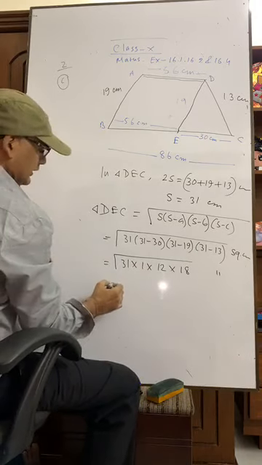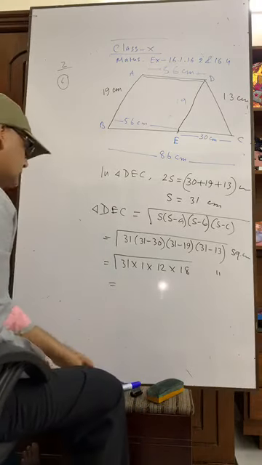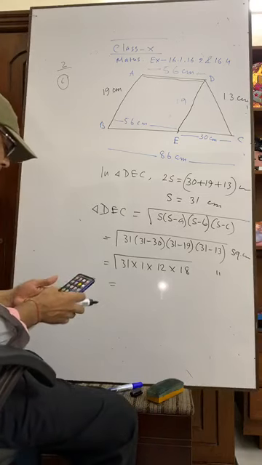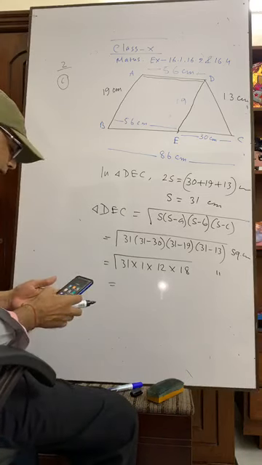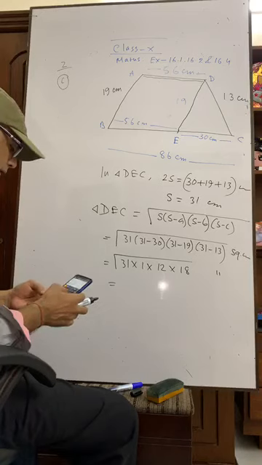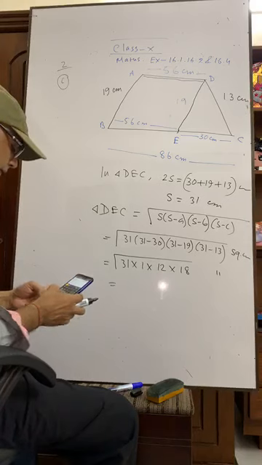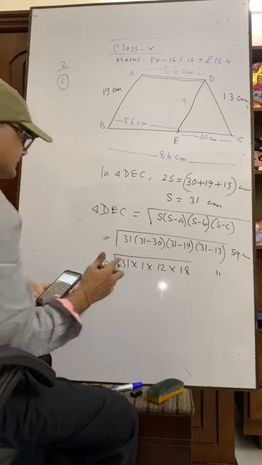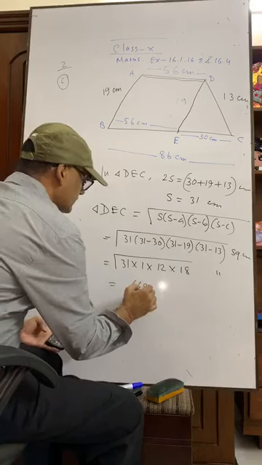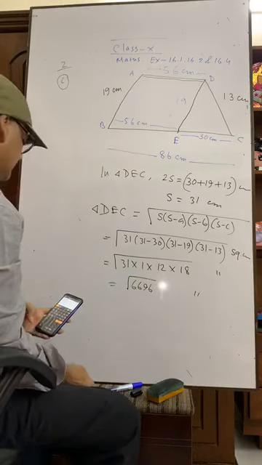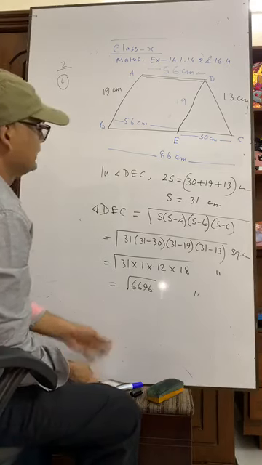Now use the calculator. 31, 12, 18. 31 into 12 into 18 is 6696 square centimeter. You write down.